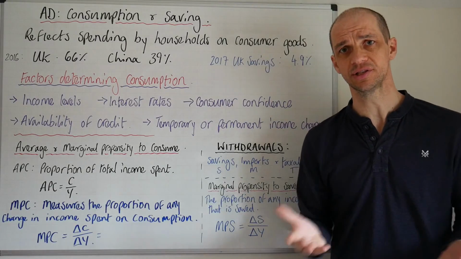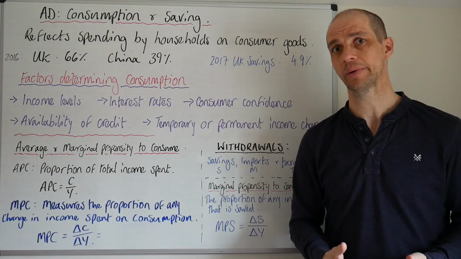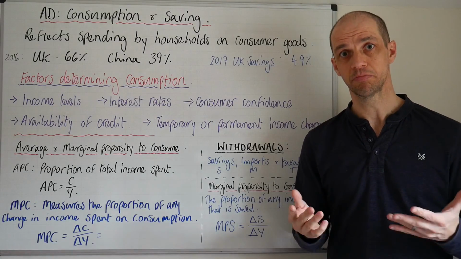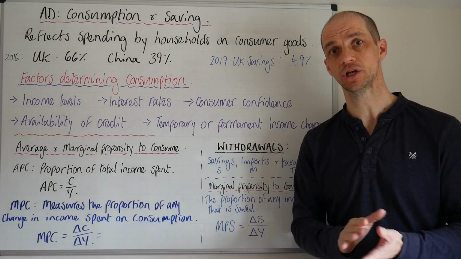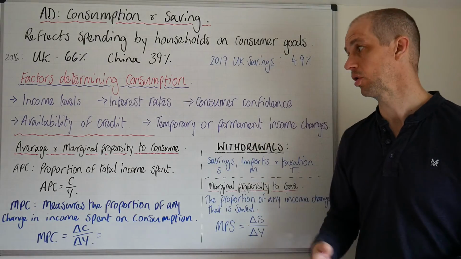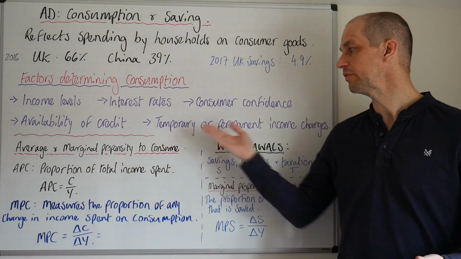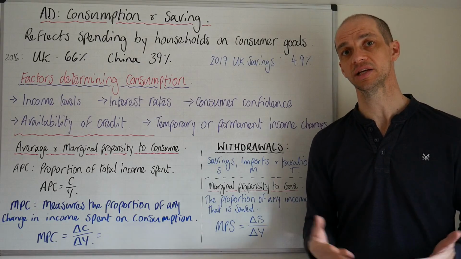Then the ease with which you can access, and the availability of, credit, that is borrowing. So this could be in forms such as loans and mortgages, but it can be other forms as well, such as credit cards. Right, so we've also got temporary or permanent income changes to consider within this as well.